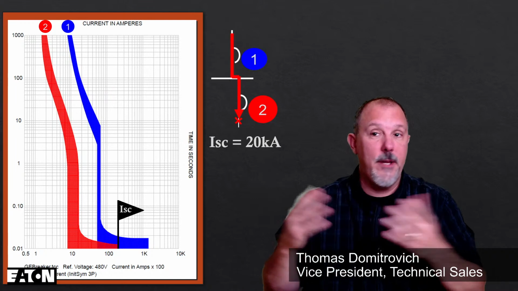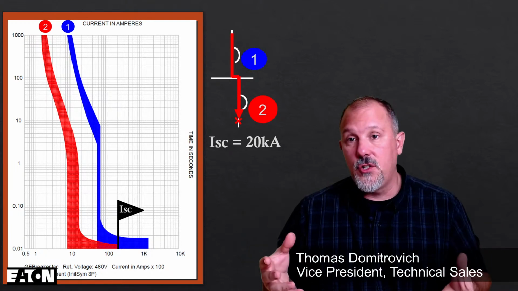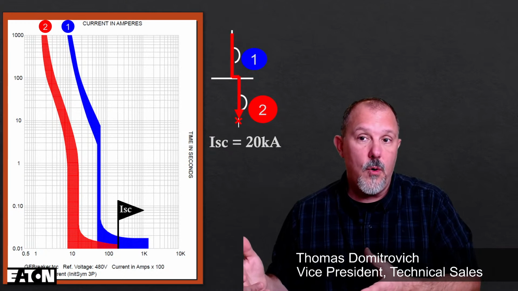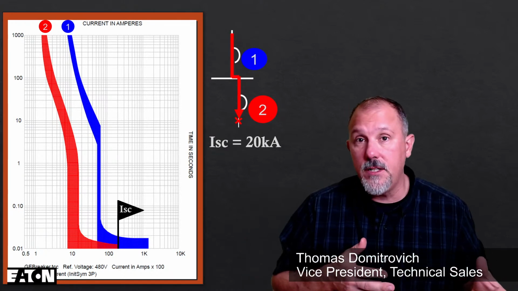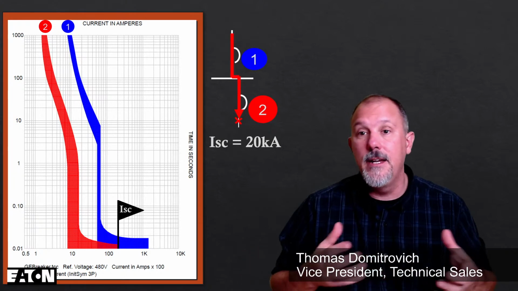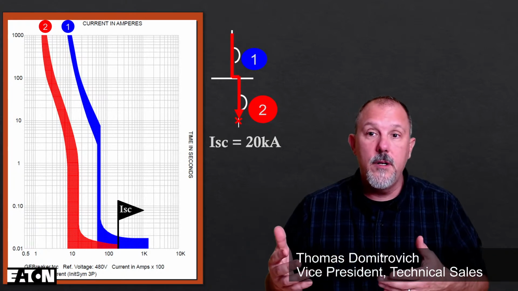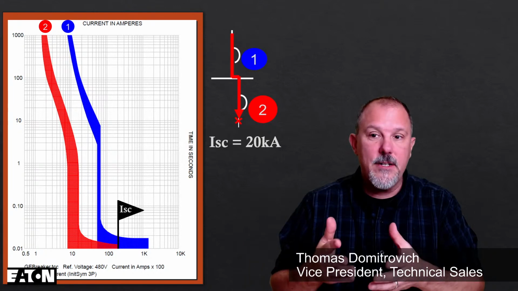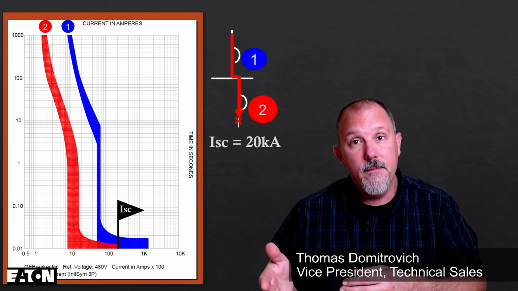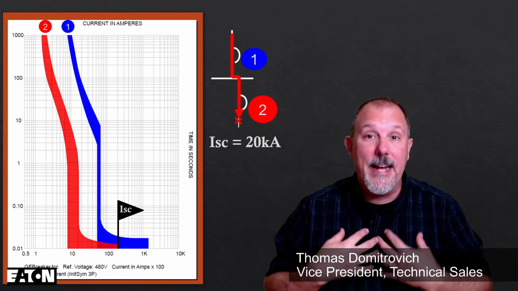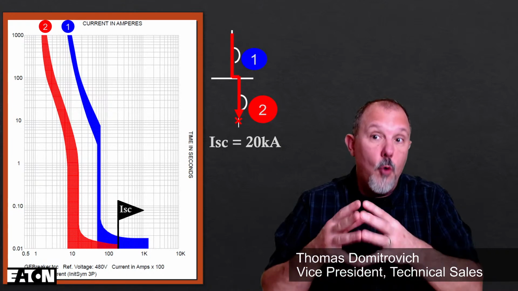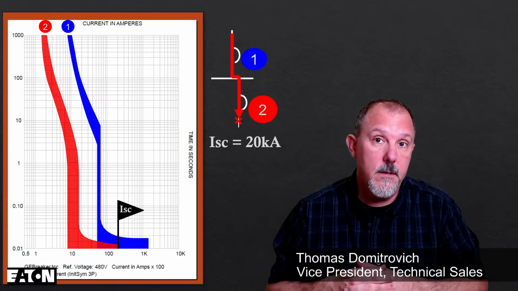And we could have a debate as to will it open the blue upstream device and the downstream device, maybe just the upstream device and not the downstream device. It could open both. It could open one or the other, but guaranteed, because it is greater than 1,000 amps, which we saw from the selective coordination tables, I know from testing that more than 1,000 amps will open both of those devices.